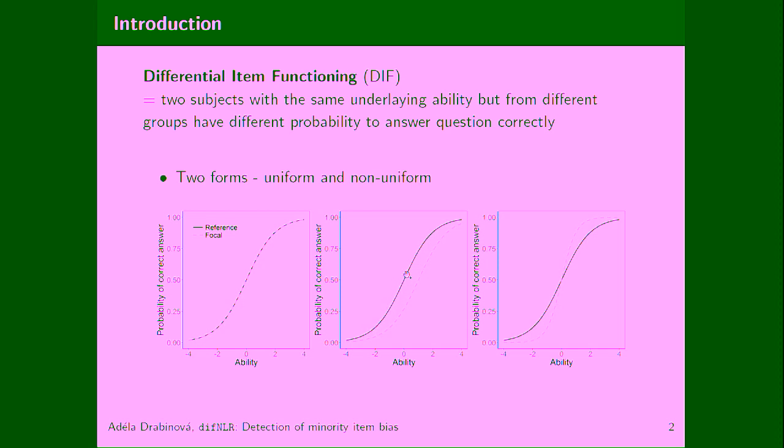One group has an advantage over the other. And in the last figure, you can see that this changes with ability level. With small levels, the reference group has the advantage, and then the focal group has the advantage. So this is called non-uniform DIF.